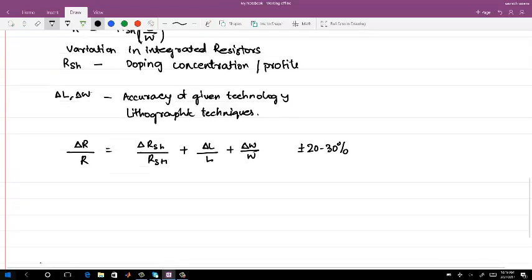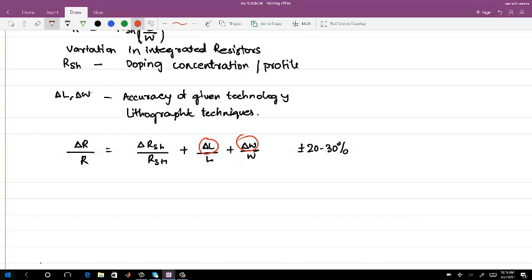Now as you go to a finer technology, what changes in this resistance? What changes in the parameters? If I want to realize a resistor of the same length in 250 nanometer technology, with the same doping concentration, and the same in 28 nanometer technology, with the same length and width, what changes is this part.